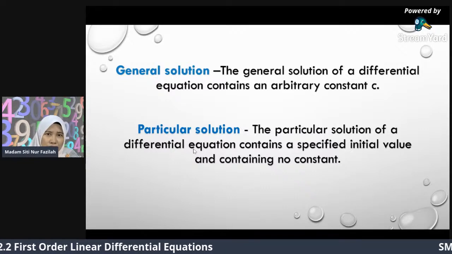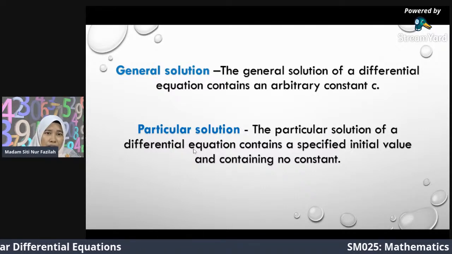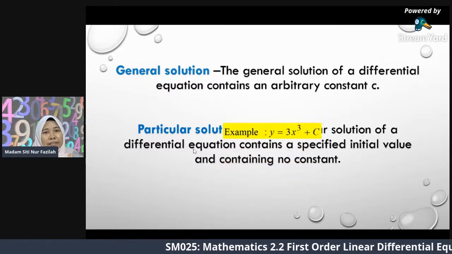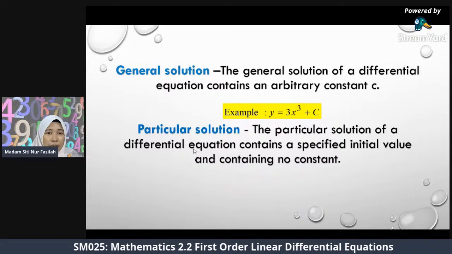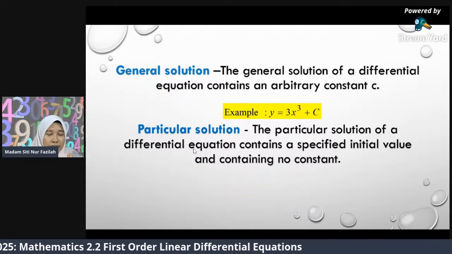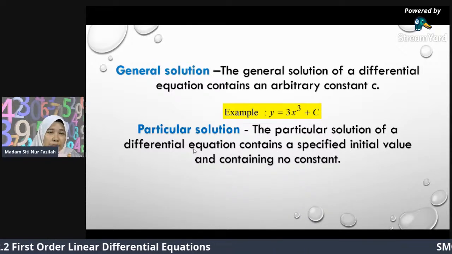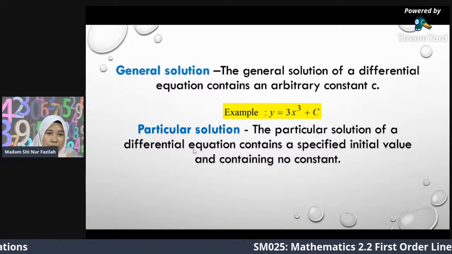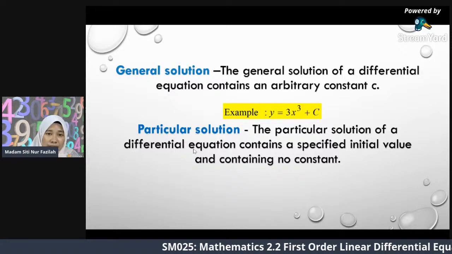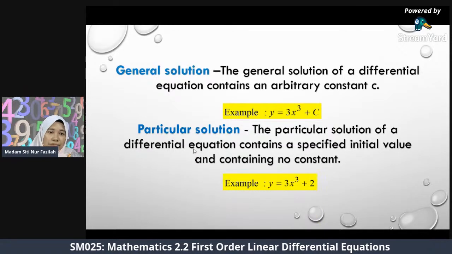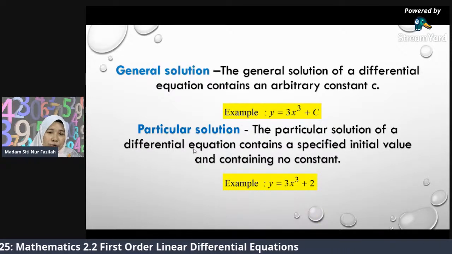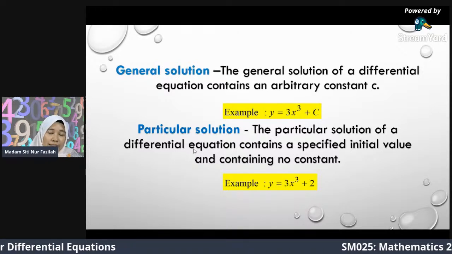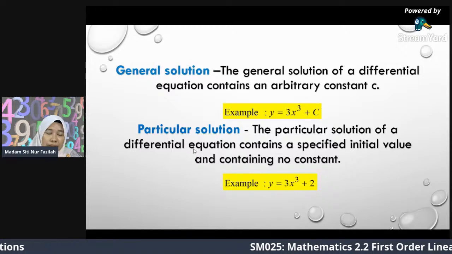The general solution of a differential equation contains an arbitrary constant C, for example y equal to 3x cubed plus C. The particular solution contains a specific initial value and contains no constant, for example y equal to 3x to the power of 3 plus 2. The concept is the same as with separable variable.